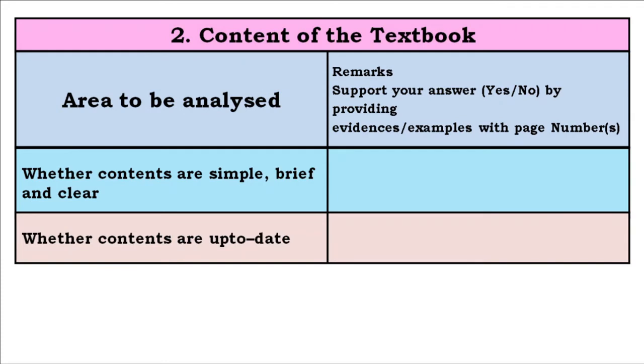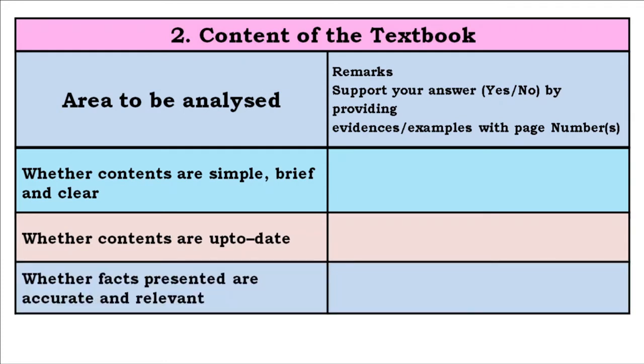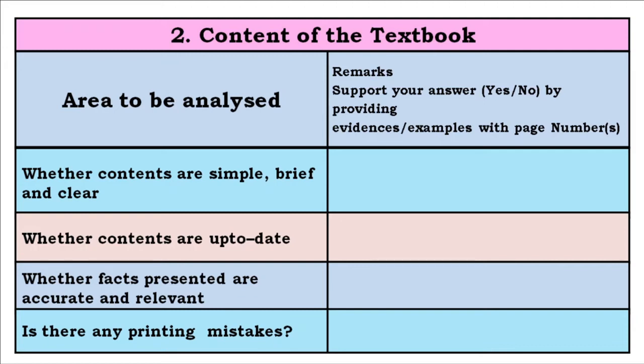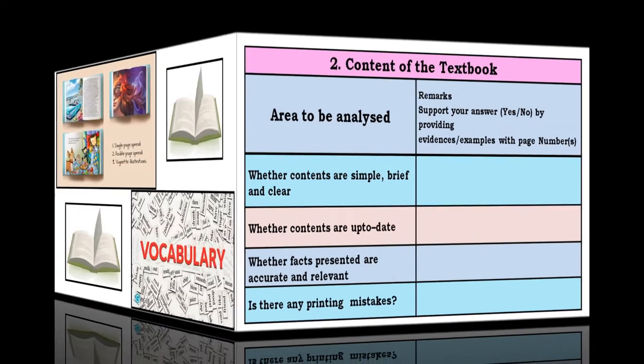Whether contents are up to date, whether facts presented are accurate and relevant, whether there are any printing mistakes in the book, and so on. The intern will have to write down a remark in the remark column as before to support their answers.